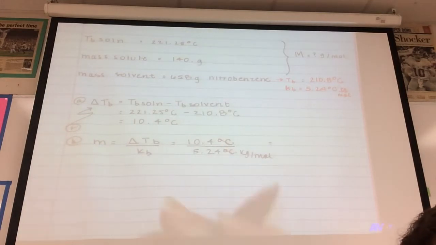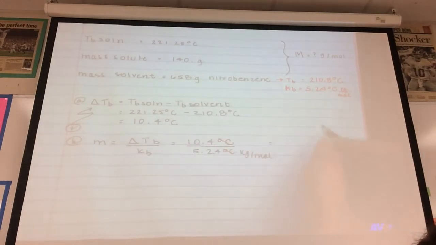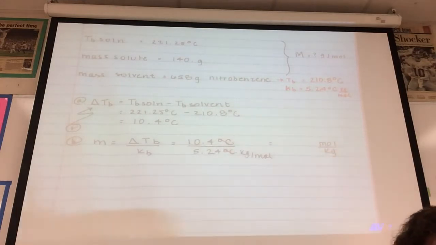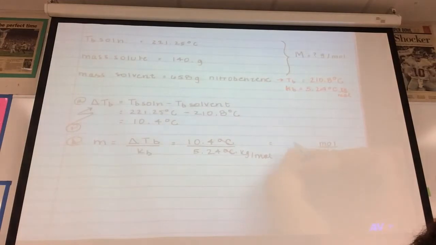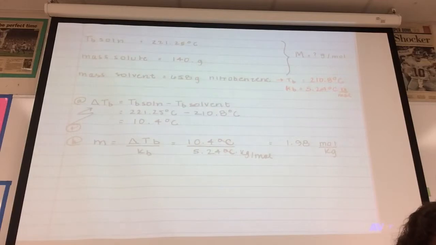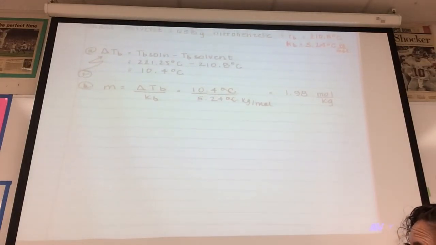So your unit here is 1 over kilograms per mole. So your units are moles over kilograms, or molal for molality. You have 10.4 divided by 5.24. And that is 1.98 moles per kilogram, or molal. So that's the second step, grossly similar to what you saw yesterday. You're just using boiling point information instead of freezing point.